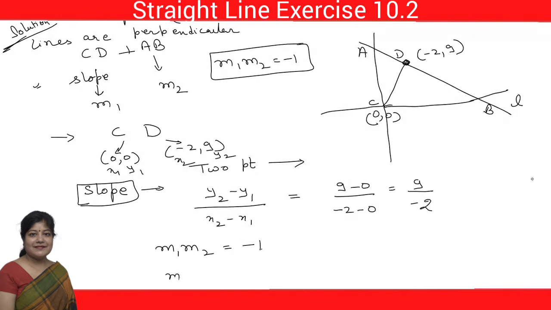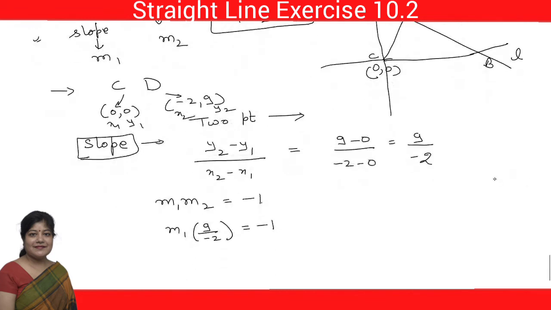So M1 times 9 upon minus 2 is equal to minus 1. So M1 is equal to minus 1 times minus 2 over 9, so we have 2 by 9. Now this is the slope for this line.